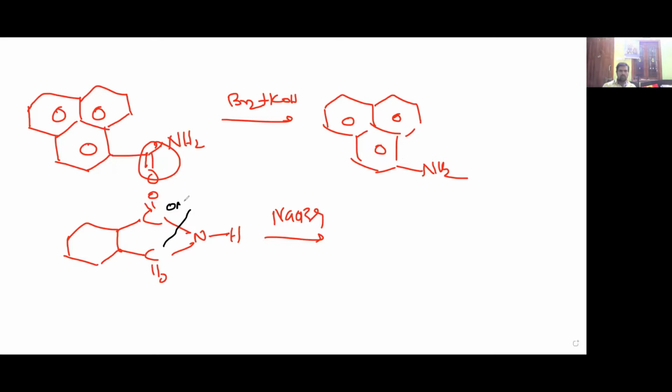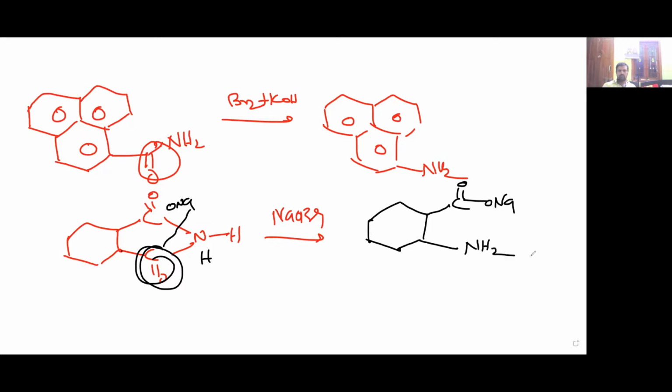Your ONa is added, your C double bond O is missed, your hydrogen is added. Then what will be our product? This is a cyclohexane ring. Here COONa, and here it is forming directly connected NH2. This is our product. Is it clear?